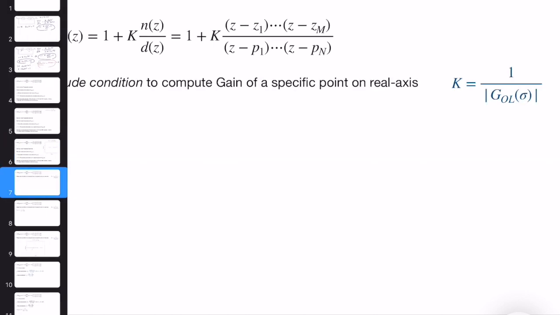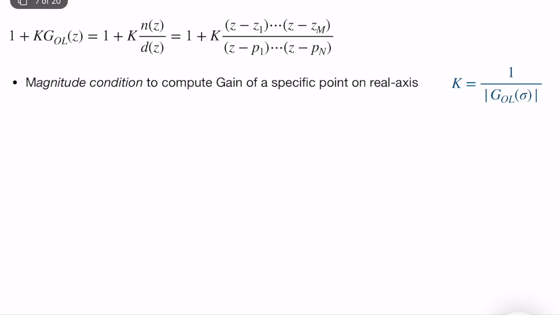Okay, so sometimes we need to compute the gain at a specific point, and specifically we want to compute the gain when we reach the stability limits, for example, when the root locus hits -1 and 1, which is the most important point. So what we do is we simply use the magnitude condition.